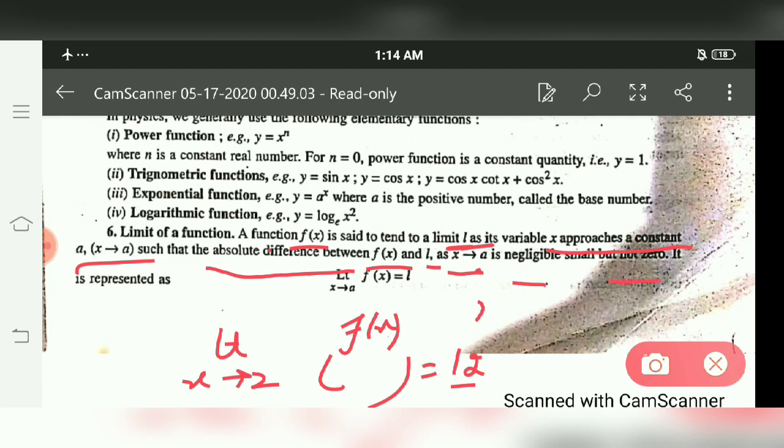If I take x equals 1.98 or x equals 2.01, the value of the function, or y, has a little difference, but that is not 0. That is called the limit of a function. Limit means not that particular value but its left and right side, lying very close to each other.